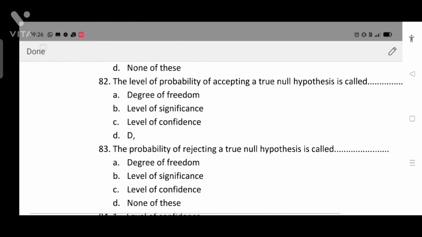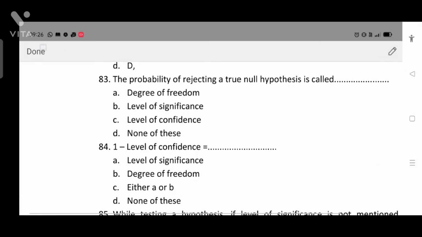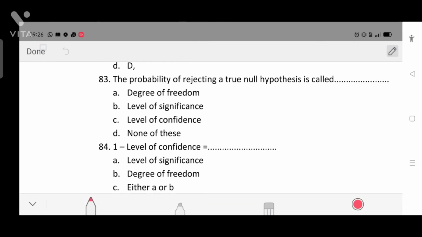The level of probability of accepting a true null hypothesis is called A, B, C, D. Answer is C, level of confidence. The probability of rejecting a true null hypothesis is called A, B, C, D. A, degree of freedom.